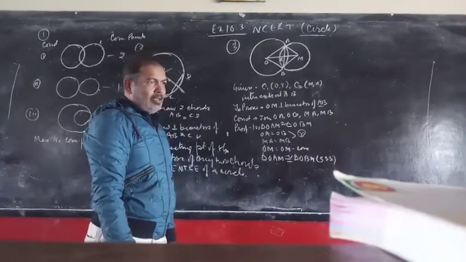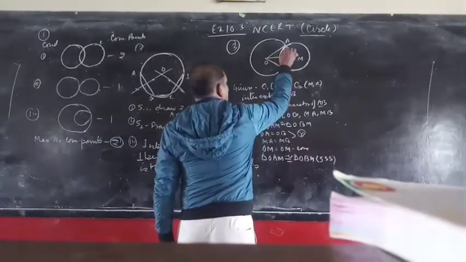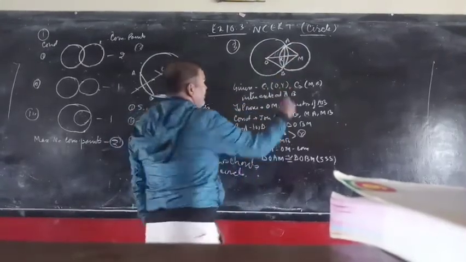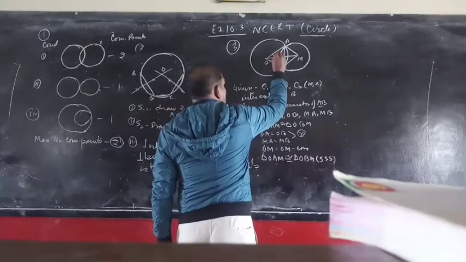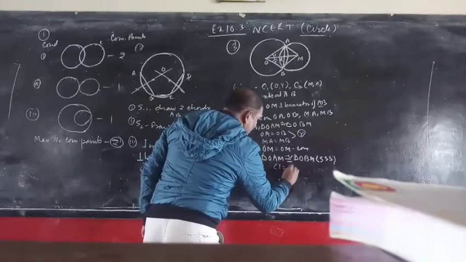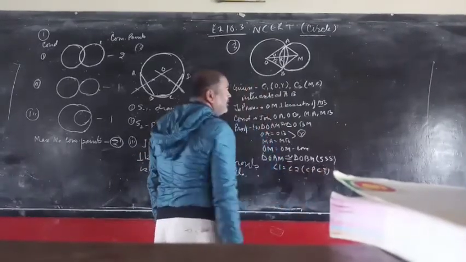Okay. Now we have to take these two triangles and make AR equal to RB. When these two triangles are congruent, angle 1 is equal to angle 2 because of CPCT.